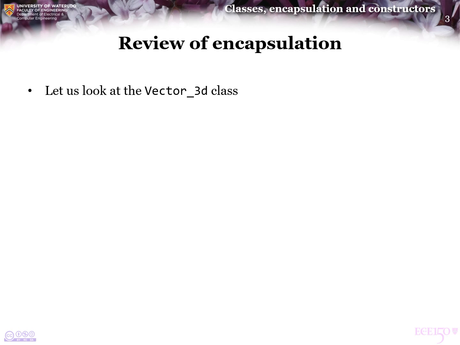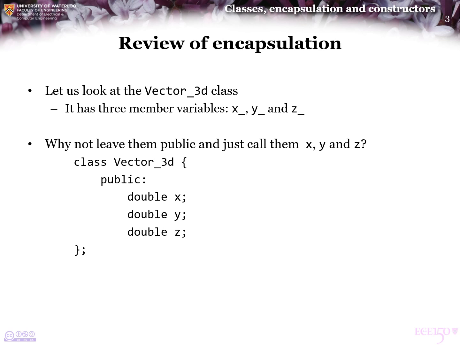Now, let us review the 3D vector class we previously authored. It has three member variables, x, y, and z. So, wouldn't it be easier just to leave these public and just call them x, y, and z to make it easier for the user to use?